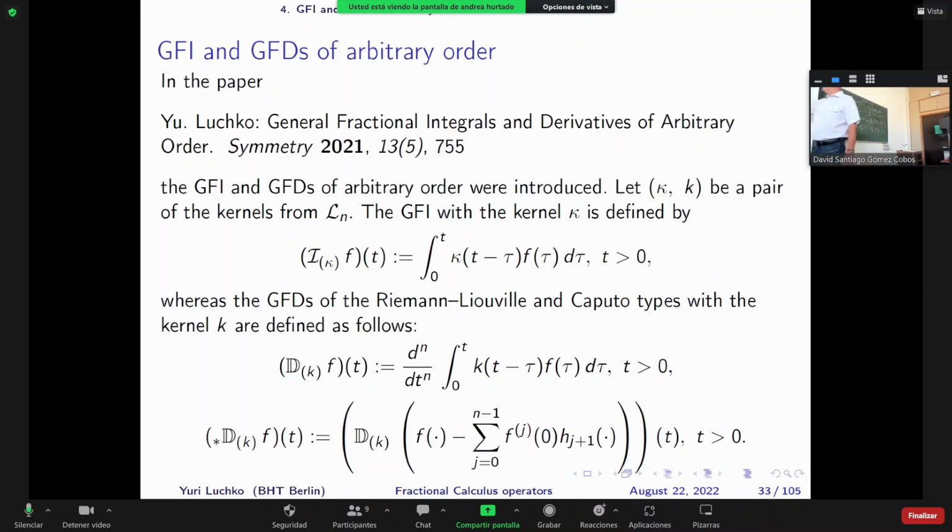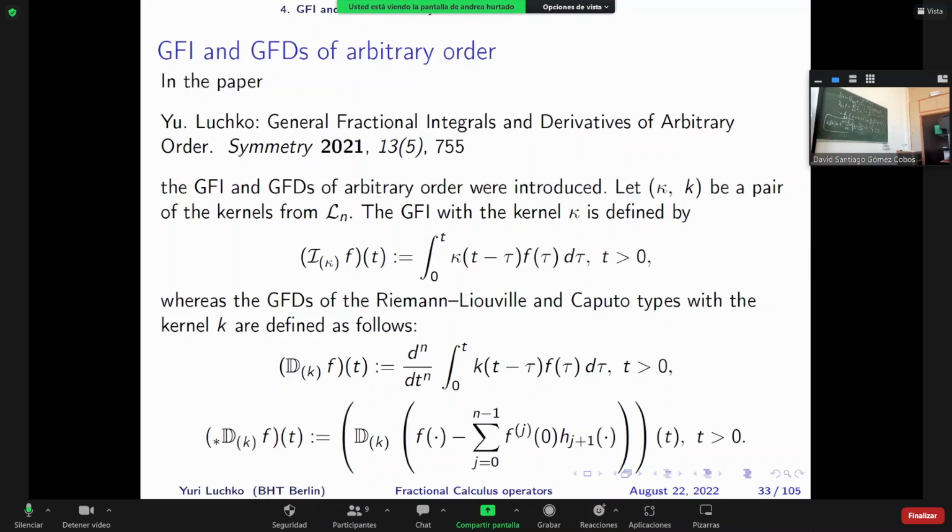And this fractional derivative of the Caputo type is a suitable regularization of the general fractional derivative of the Riemann-Liouville type. So you see here practically the same form as it is the case for the standard Riemann-Liouville and Caputo fractional derivatives.